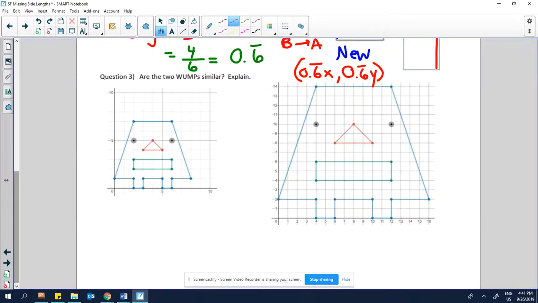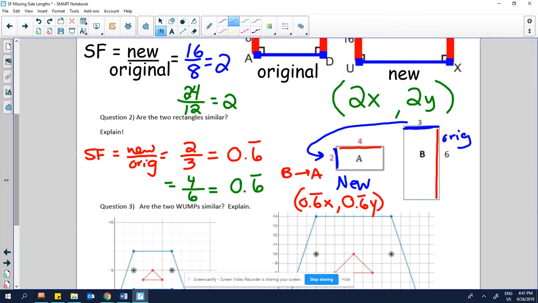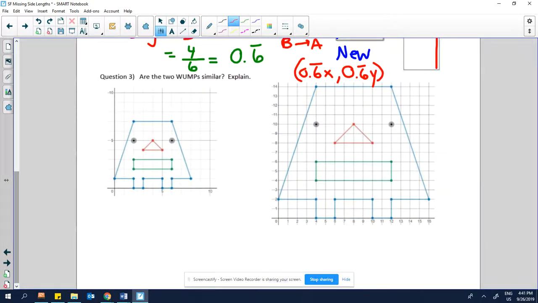Number 3. And you can pause the video to finish number 2 if you need to. Number 3, are the 2 wumps similar? I'd like you to check the shapes, the angles, the side lengths on your own and say yes or no. Okay, so let's check the shapes.